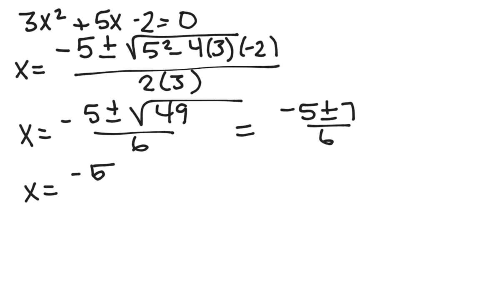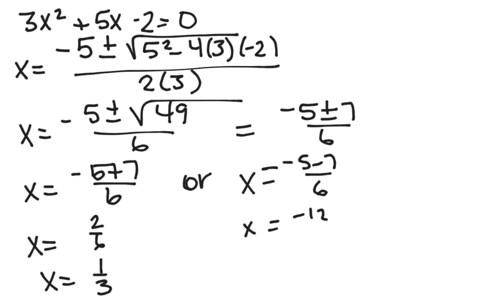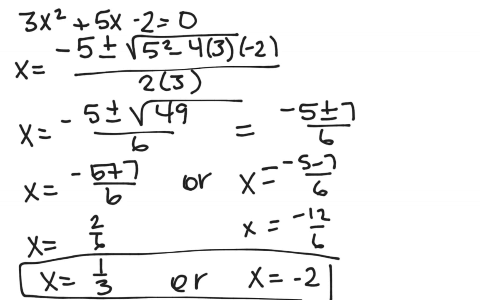So we have negative 5 plus 7 divided by 6, which gives me 2 divided by 6, which reduces to the fraction 1/3. Or we have negative 5 minus 7 divided by 6, which gives me negative 12 divided by 6, or in other words, negative 2. So there are my two answers there.